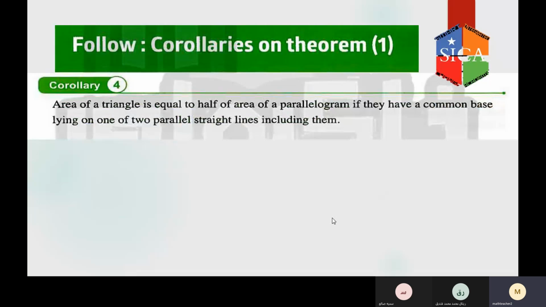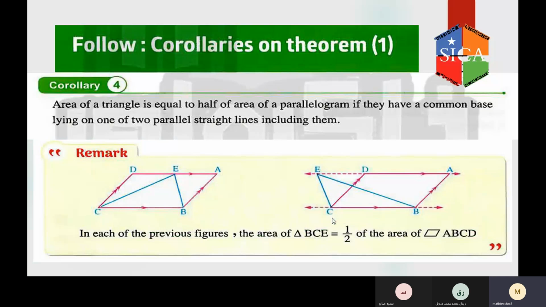Now we'll learn the area of a triangle. The area of a triangle is equal to half the area of a parallelogram if they have a common base lying between two parallel straight lines, including them. Look at this figure.